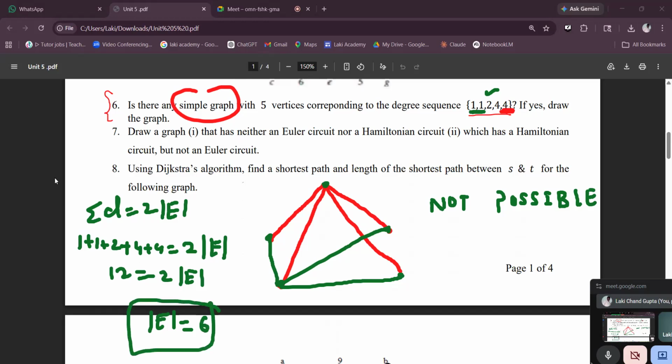So can you draw a graph with 5 vertices and 6 edges? 5 vertices with 6 edges is not possible with degrees 4, 4, 2, 1, 1.